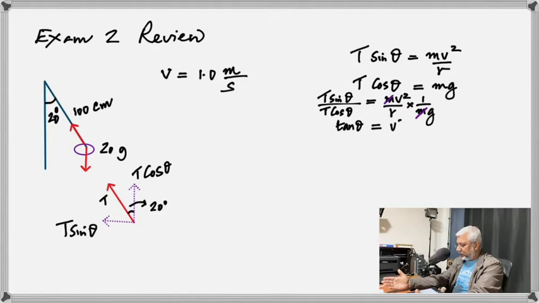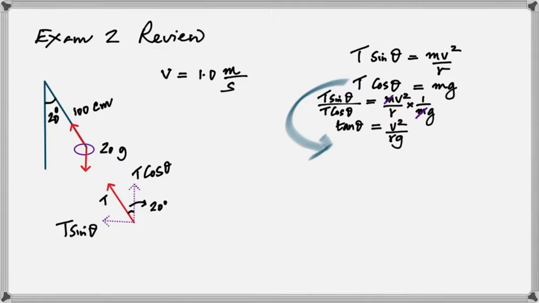On the right side, the mass cancels out, so you get v squared by rg. We really do not need to do this in this particular question, but this is for any other case that may be asked. For this question, we can just go by either the first one or the second one.